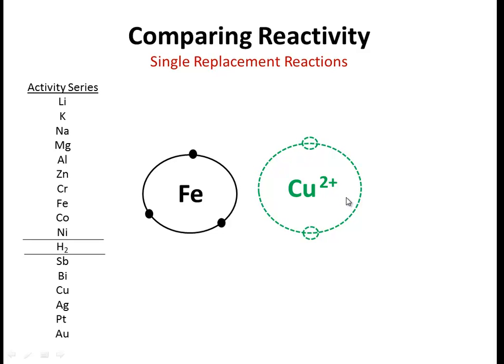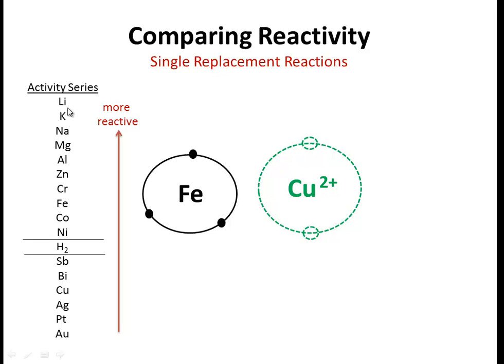On page 333 of your textbook, this is for level 2, you'll find this activity series, and this is a more extensive list than you'll find even on page 233. But what you can see is that there is an order to the reactivity of elements. Lithium is one of the most reactive elements.